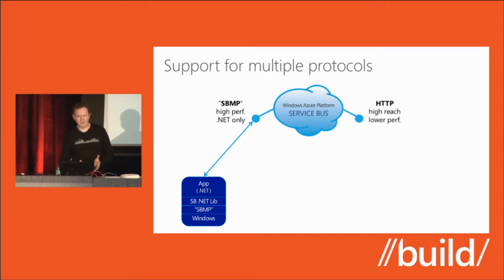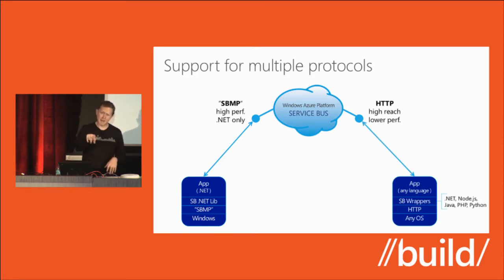We also have support for HTTP. So HTTP is awesome because it just gives you that incredible reach. Anywhere where you can write a web HTTP request, you can interact with our service, do management operations, send messages, receive messages. But it does that at a slightly lower performance than you get from the .NET side and the SBMP protocol.